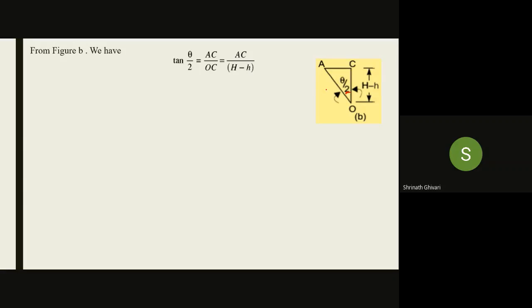Opposite by adjacent, right? AC divided by OC is our tan theta by 2. That is why I have taken this. When we get to the end of the derivation, you will have a clear idea why we have taken it.